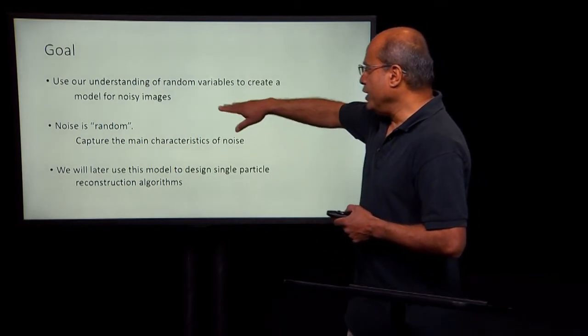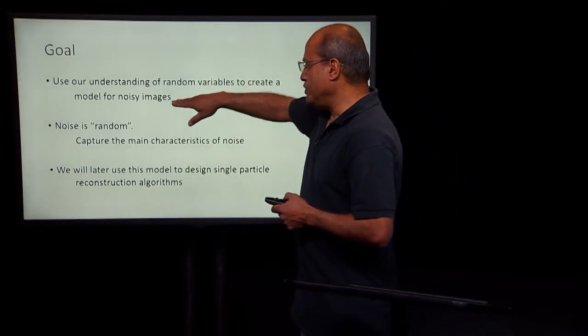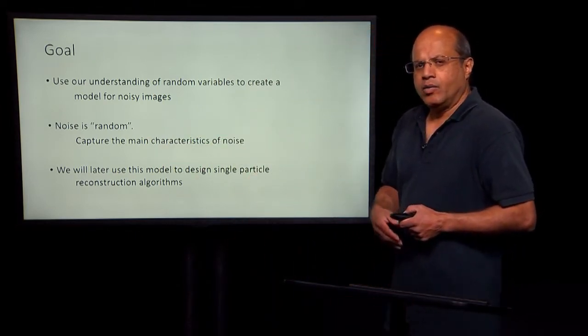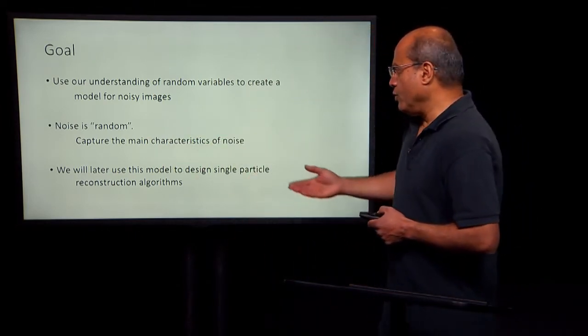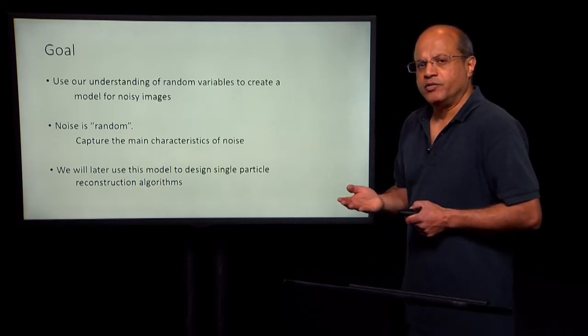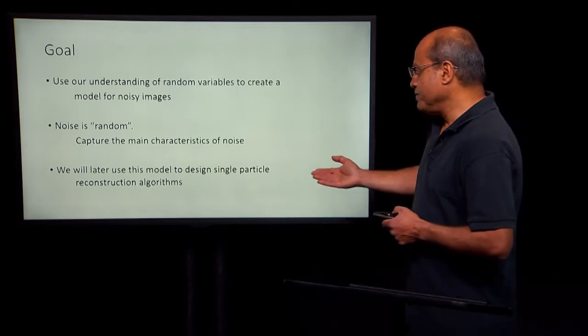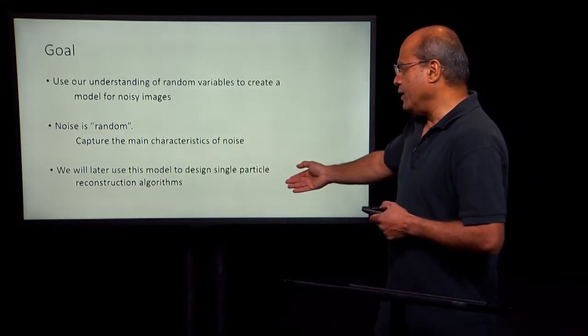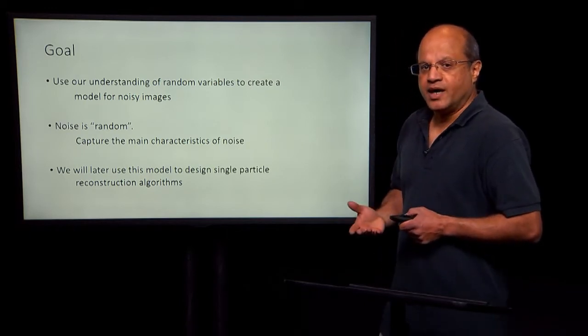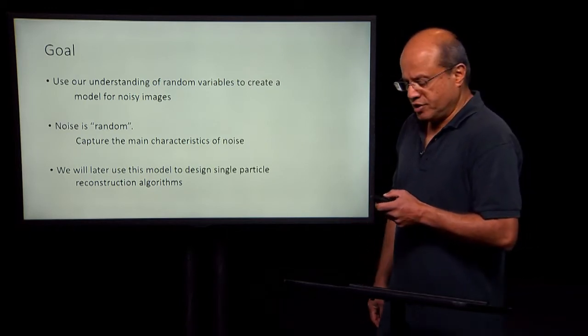The reason we use random variables for noisy images is that we think of noise as random. Our model is going to capture the main characteristics of noise that we see in CryoEM images. Then, in a later lecture, we'll use this model to actually design a single particle reconstruction algorithm.